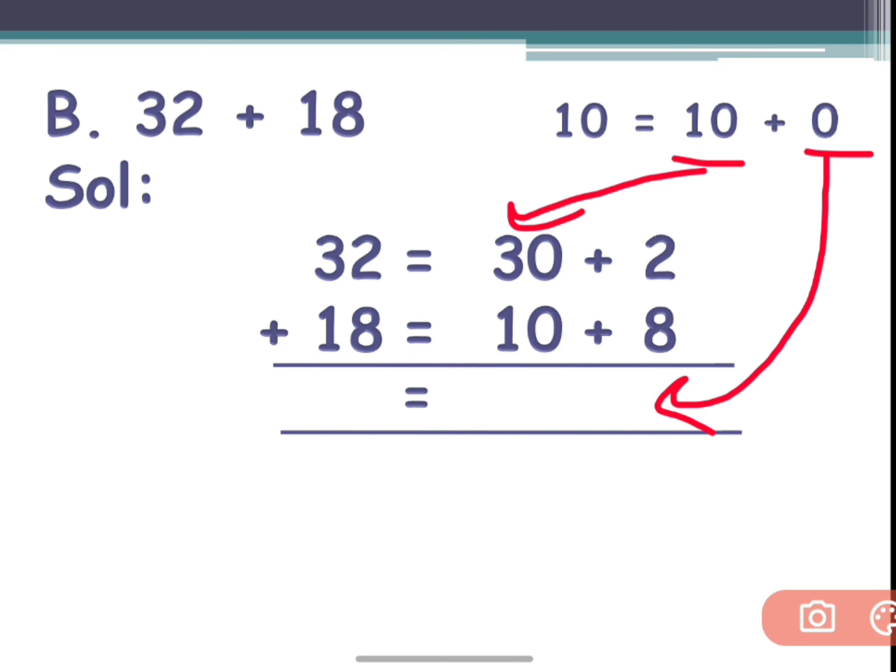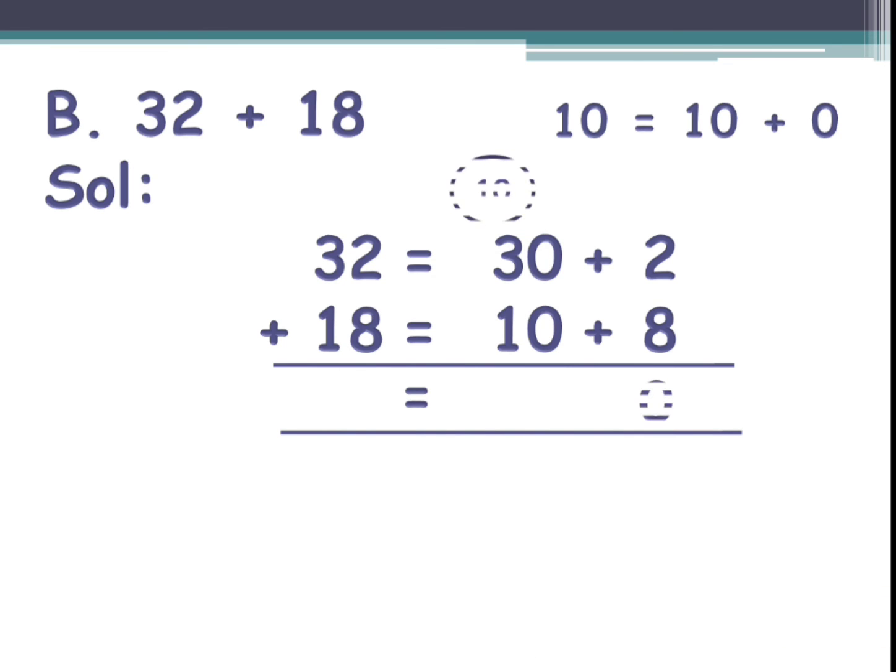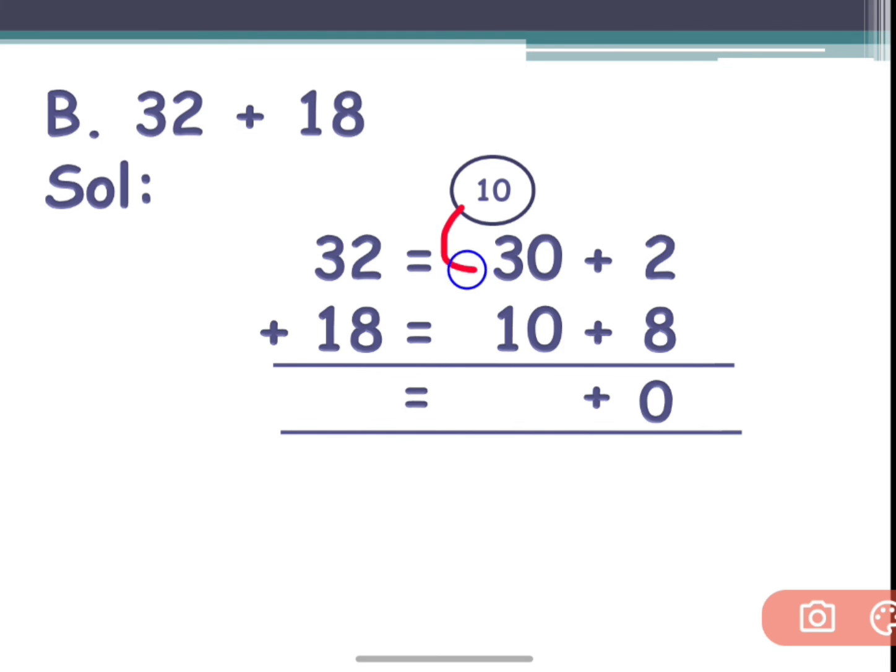That is regrouping. So that becomes 0 and 10. Now in tens place, what do you have? 10 plus 30: 10, 20, 30, 40. 10 plus 30 will become 40. 40 plus 10 becomes 50.